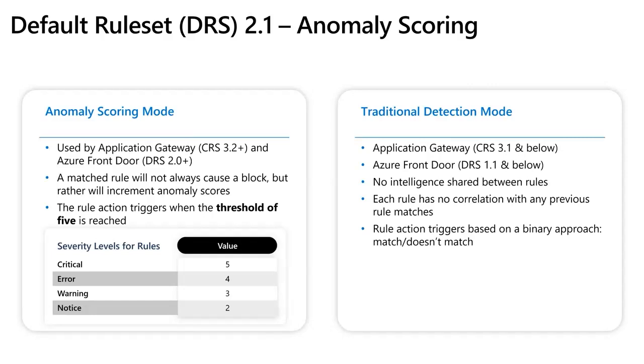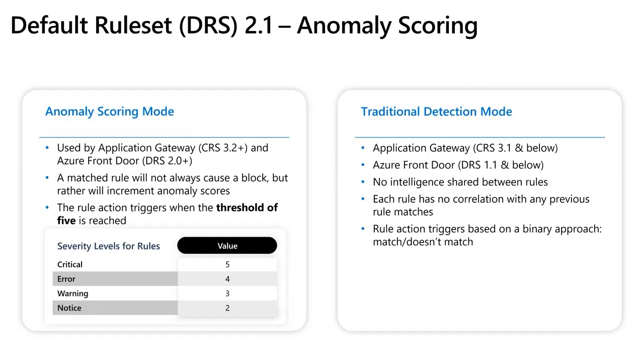That's a big thing for customers that might have a lot of requests hitting the lower scores like notice and warning, which previously were just being blocked right away. With the anomaly score, that's not going to happen, so you can take advantage of that too.